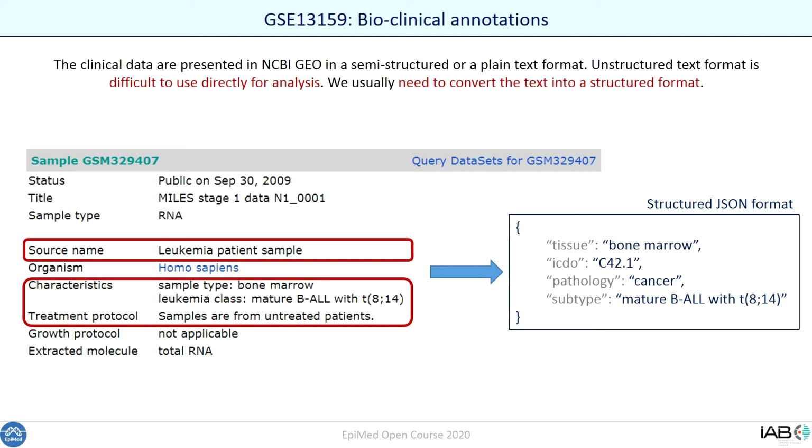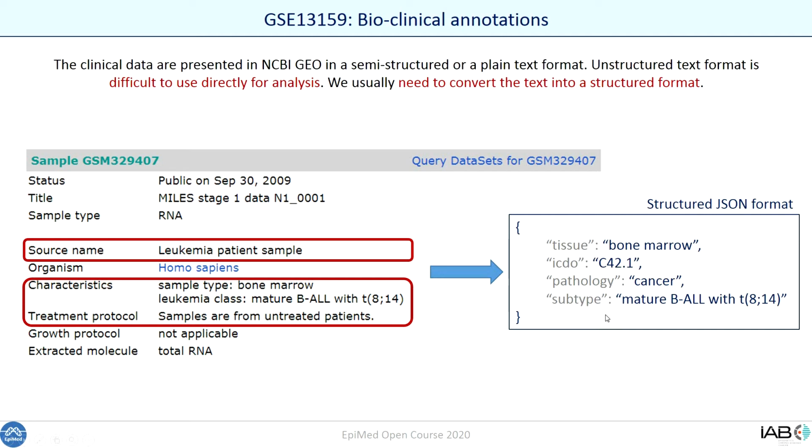So we need somehow to guess or deduce this information, because if you have many samples, it would be nice, for example, to select among all the samples only tumoral samples for data analysis, or only normal samples, or samples with a particular pathology. So it would be interesting to have this category.